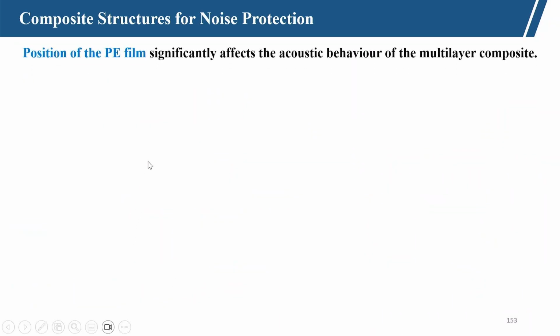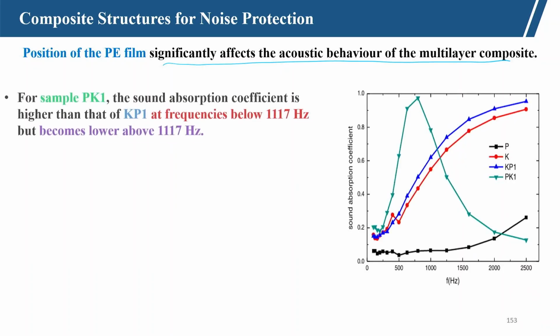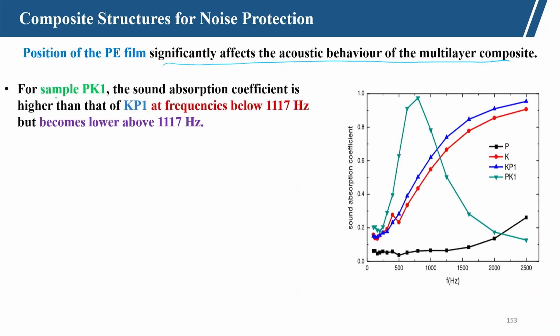So, the position of PE film significantly affects the acoustic characteristics of the multi-layer composite. We can see here the sample PK. So, in PK, where the flexible polyethylene layer is placed at the front, the sound absorption coefficient is higher than KP, that is when the nonwoven is kept at the front, at a frequency below this level.